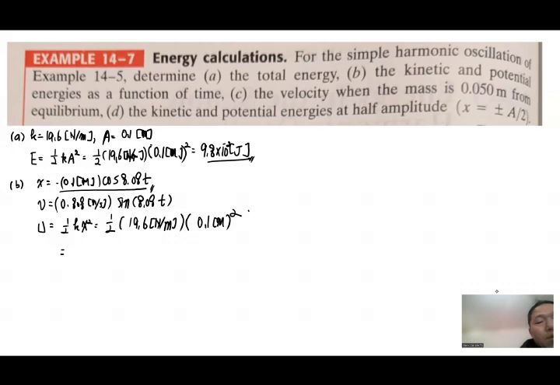And you also have to square the cosine of 8.08 t. So throw all the numbers into the formula, then the potential energy is in this form: 9.8 times 10 to the minus 2 joule times cosine squared 8.08 t.